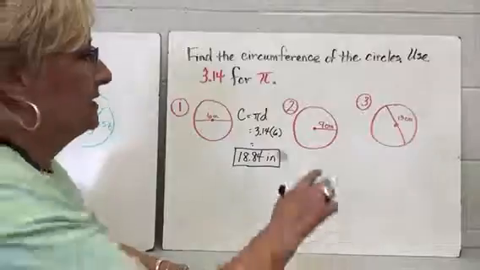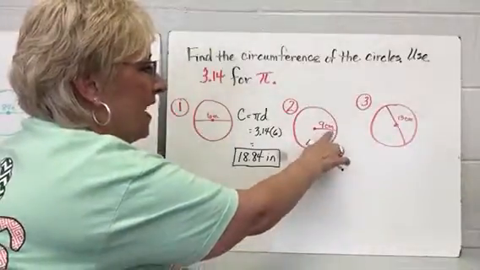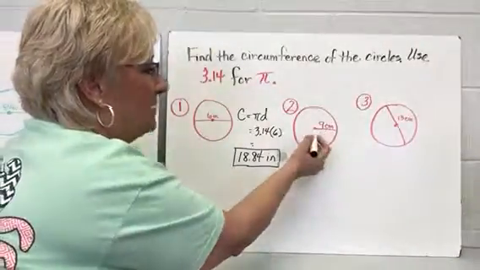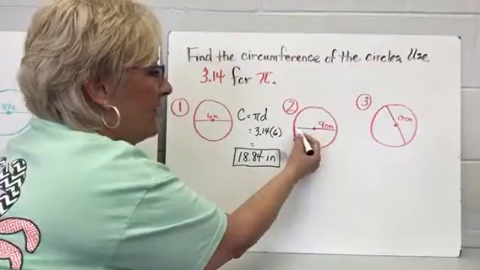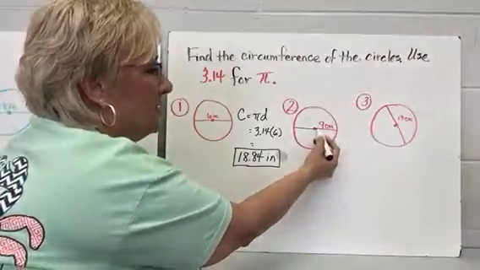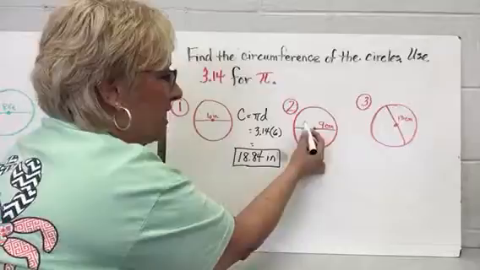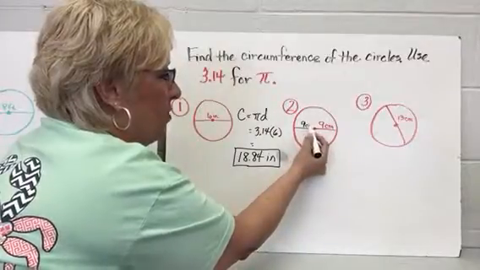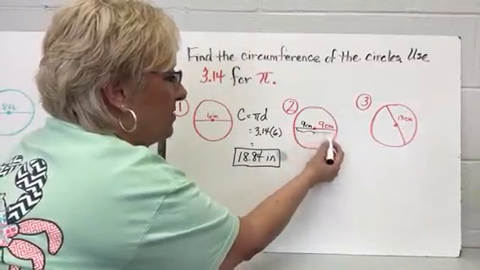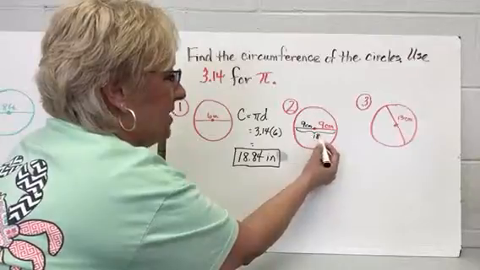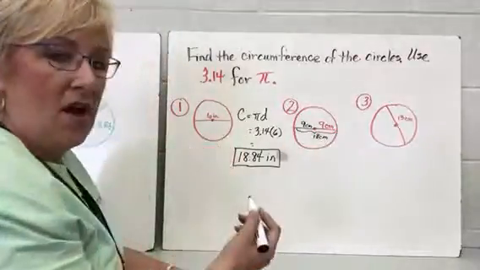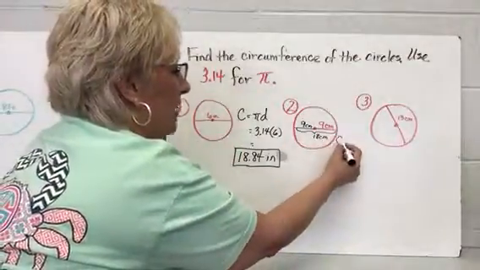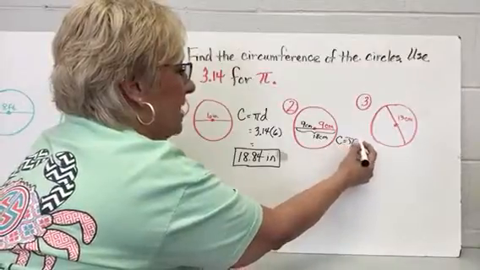The second one has the radius. Now, in order to find the diameter, I have to double it. So I know that the diameter is going to go all the way across. So if this part is 9 centimeters, I know that this part is 9 centimeters, which is going to add up to 18 centimeters for the diameter. So now I can put in there circumference is equal to pi times the diameter.